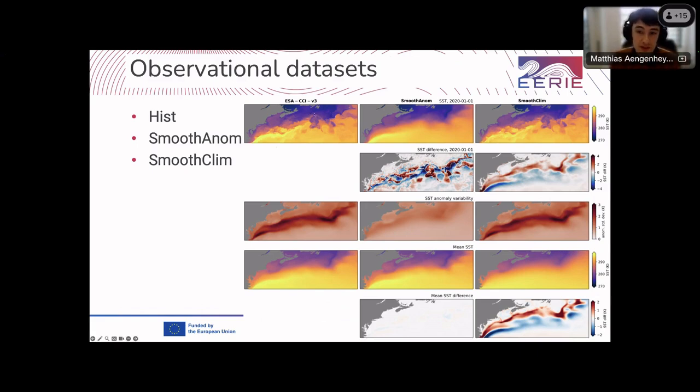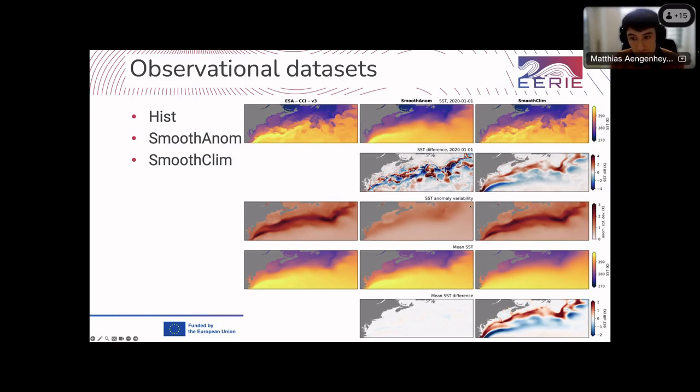So on the top is one snapshot of SST from the observations with smoothed anomalies and with smooth climatology. And the second row shows the difference to the observations, to the unfiltered field, where the difference is quite clear in the eddies and in the fronts. What this then means for the boundary condition is that there's a strong difference in SST variability.